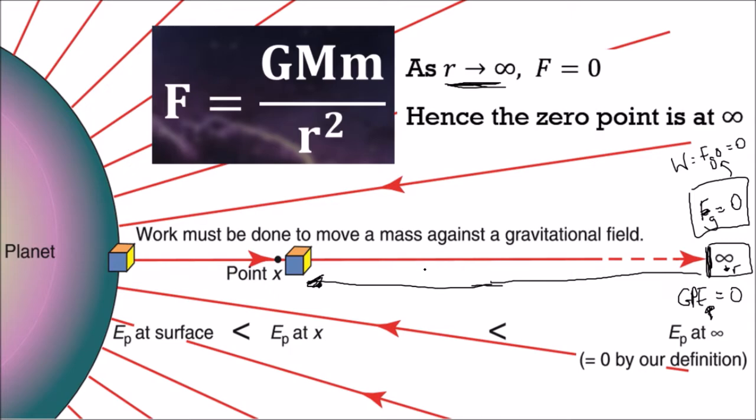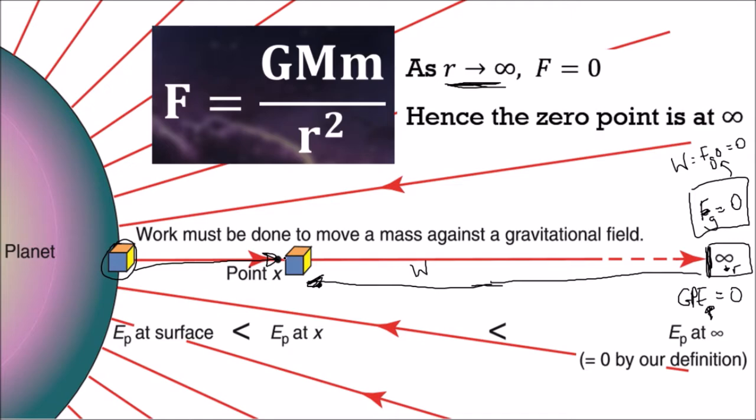what type of work are we doing? Is it work being done against gravity or is it work being done with gravity? Now, originally we said that if we're on Earth and we move an object from the surface up, we will see that there is a change.